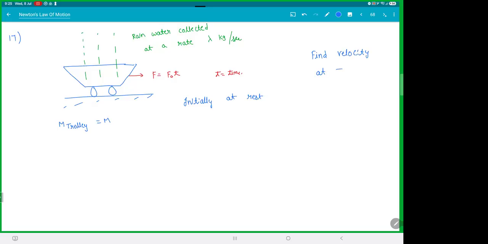If the mass had been constant, you could have said F is equal to ma, then you could have used v is equal to u plus at and you would have done. Here the force is changing, mass is changing.